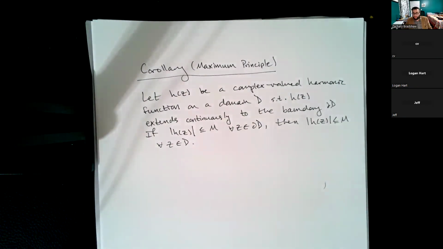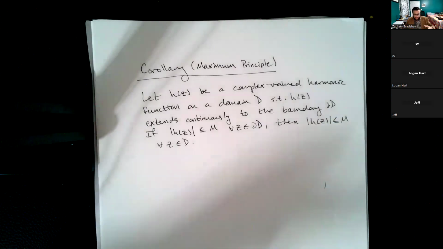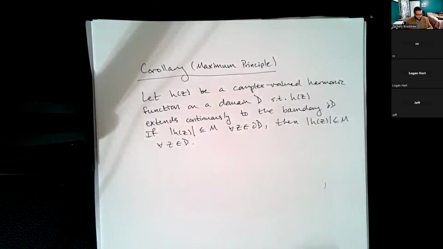So the proof is a few steps. If you have a continuous function on a compact set, it does obtain its maximum modulus. Right? A continuous function on a compact set achieves its maximum.